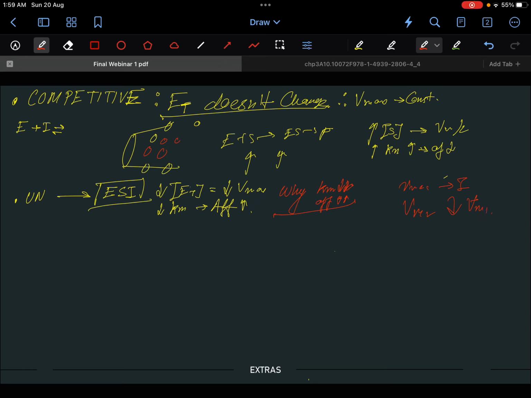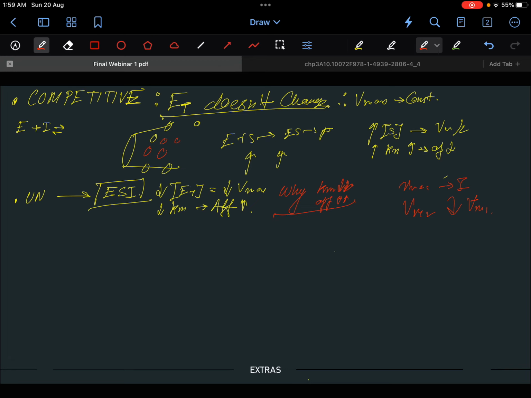So whenever an uncompetitive inhibitor is added, it lowers the measured Vmax. So apparently the Km also decreases, because the substrate concentration required to reach 1/2 of the Vmax also decreases. And by what factor? Alpha dash.